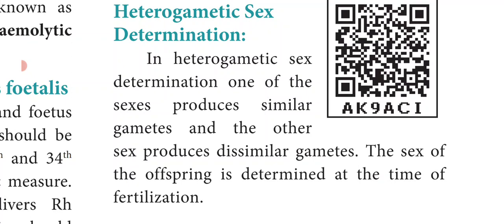So one of the sexes, either male or female, produces the same type of gametes, that is similar gametes, and the other sex produces different types of gametes, or dissimilar gametes.